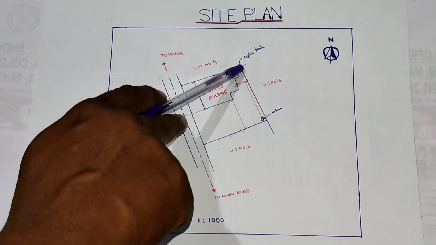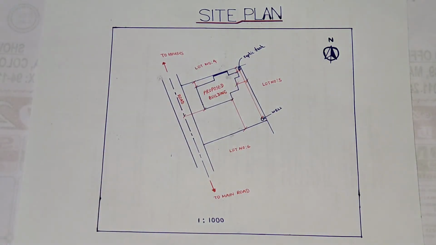We have to clearly mark the distance between the septic tank and the well. It will be more convenient for a person going through this site plan to get an idea.